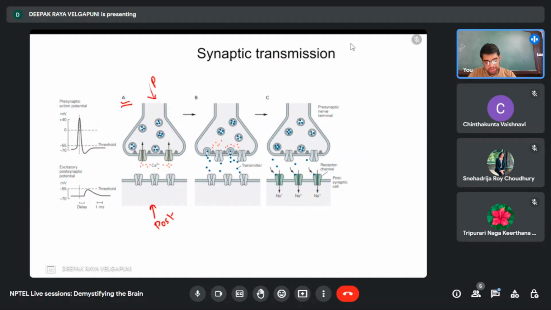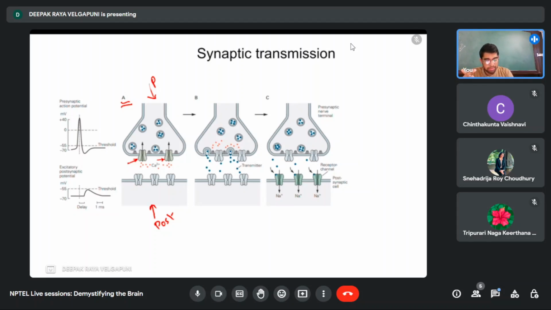So the action potential reached this point. Once the action potential reaches this point, there are some channels called calcium channels. As the action potential reaches the end of a neuron, these calcium channels open up, which are voltage gated and calcium permeable.